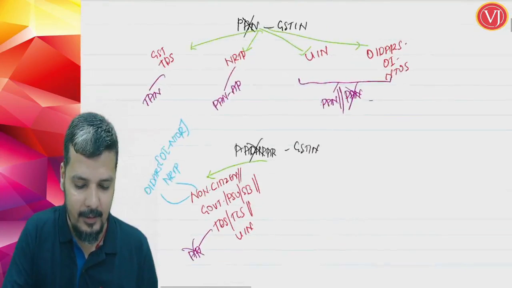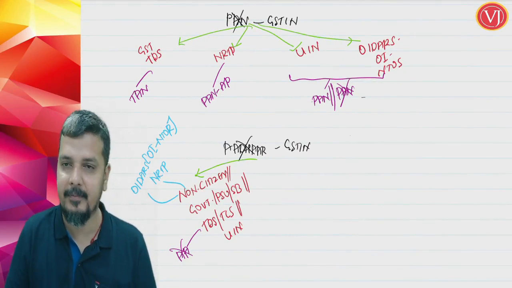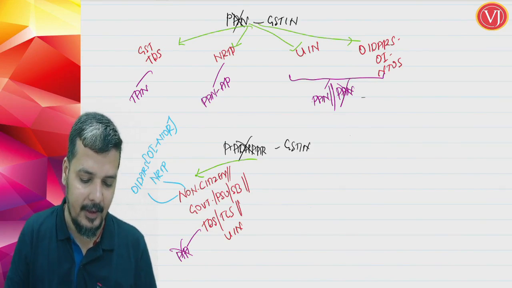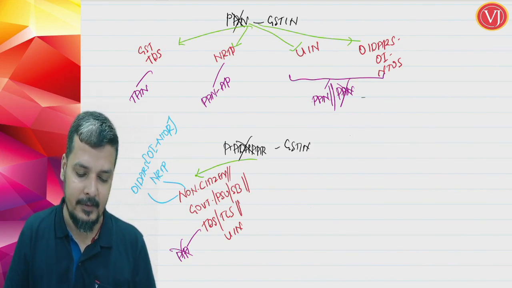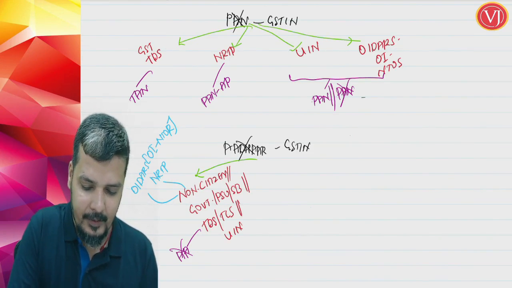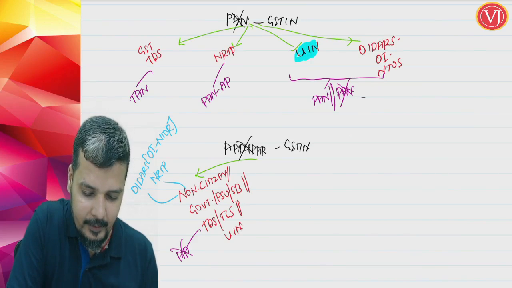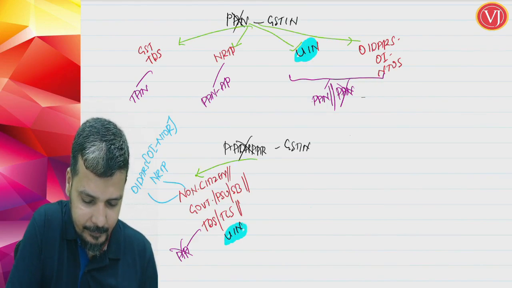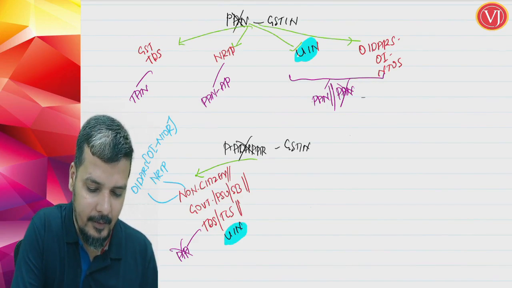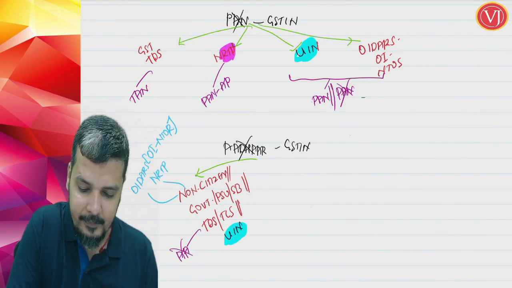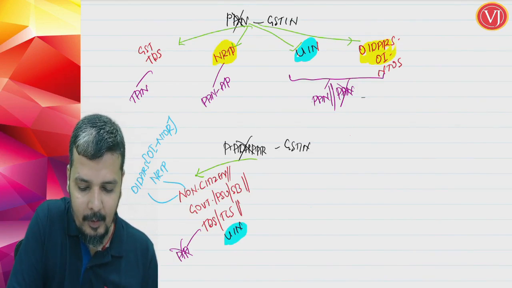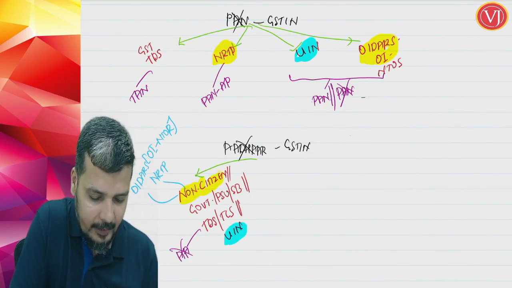So the list is covering more or less the same category. If you compare, you will find that the special cases given above are all covered here. You find UIN here and UIN here. You find NRTP registration and OIDARS from outside India, which is also covered here.